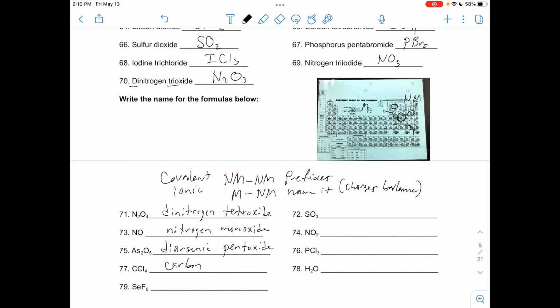Carbon and chlorine are also in the nonmetal section, so carbon tetrachloride. Okay, Se is selenium. So let's see, selenium is in there, F is in there, fluorine. So selenium hexafluoride.